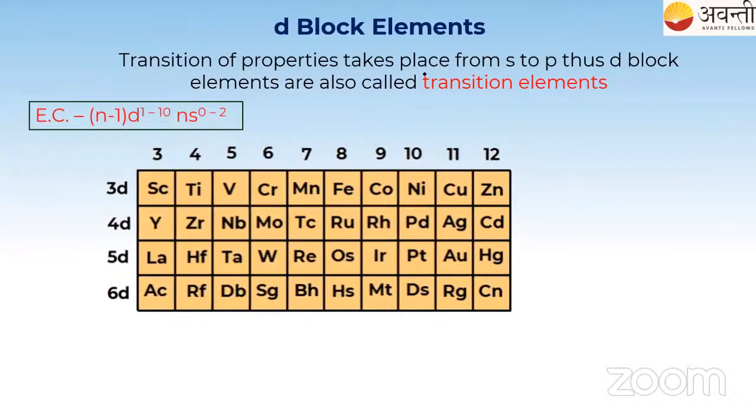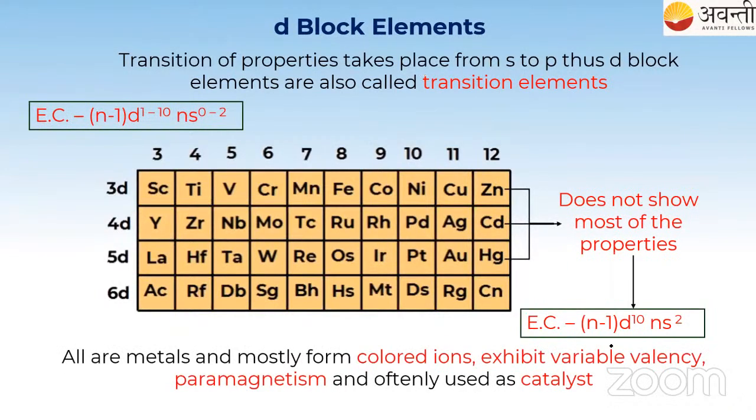Next, D-block elements are transition elements. This is the general electronic configuration, (n-1)d1 to 10 ns2. They exhibit colour and have variable oxidation states. They are usually paramagnetic in nature because they have more unpaired electrons, and they act as catalysts.